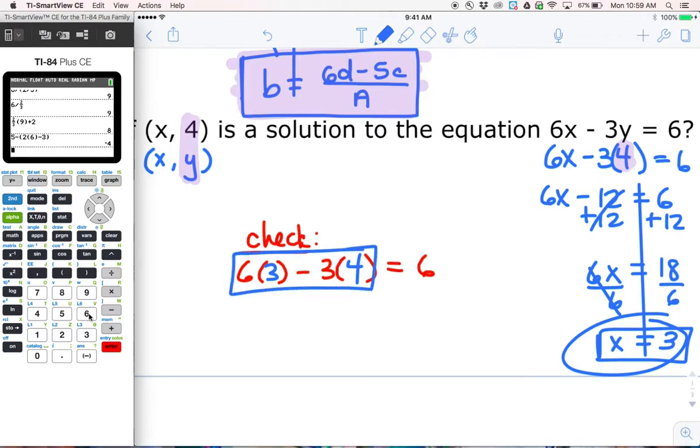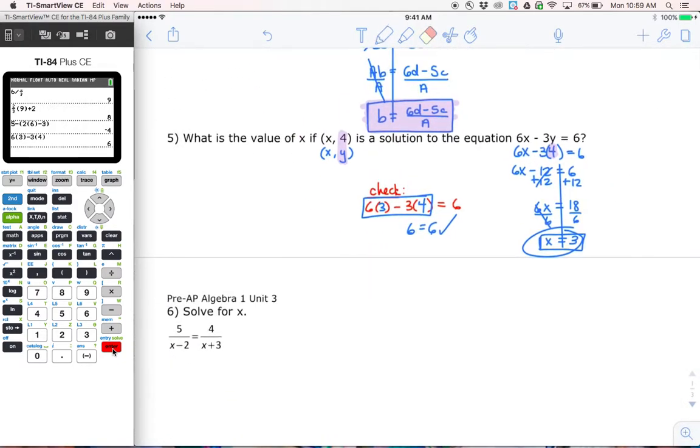Here we go. 6 times (3) minus 3 times (4). And when we press enter, what do we get? Okay, we get 6. So we know that we're right. Okay? All right. Flip this thing over to the back side, and let's start looking at those problems.